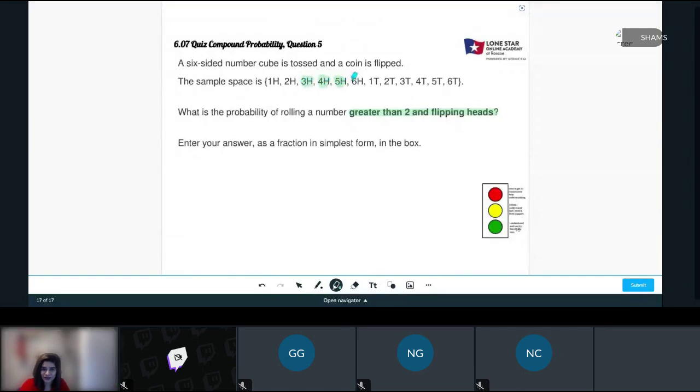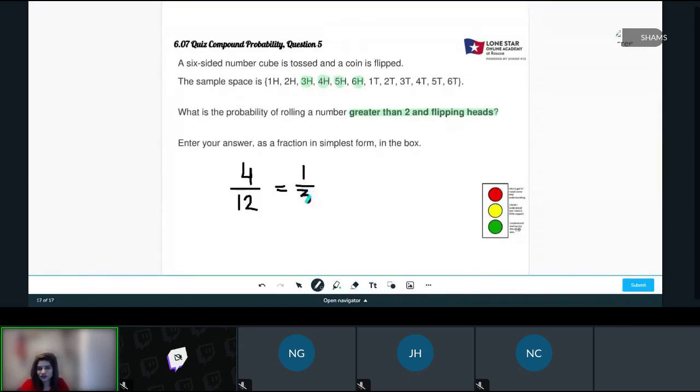Greater than 2 and heads. And here they are. There are 4 such favorable outcomes where we have a number greater than 2 and heads. So 4/12, and simplify it by 4, we get 1/3.